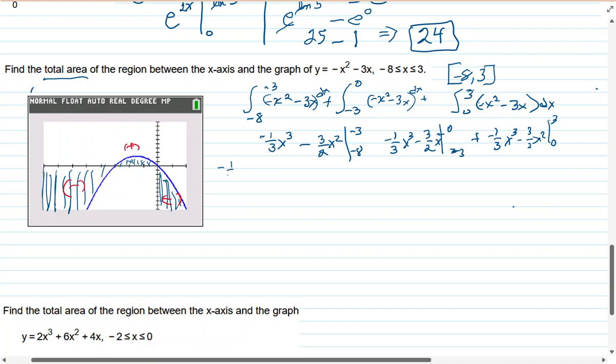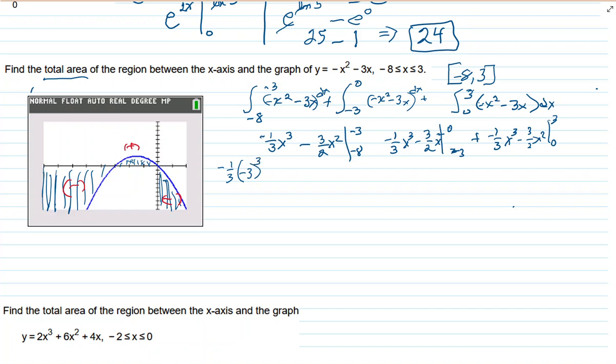A -1/3 times -3 cubed minus 3/2 times negative 3 squared, minus a negative 1/3 times negative 8 cubed, minus 3/2 times a negative 8 squared. All right, so this is that first one.